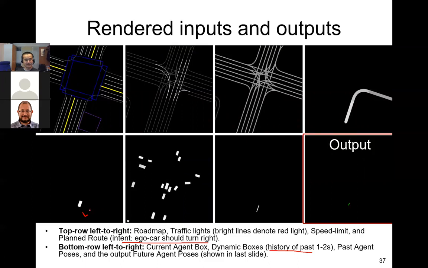So before this agent was in this position, it's a recent past pose for a few seconds, and output future agent poses, the desired reference trajectory. So all these are inputs, and the last box is the output.